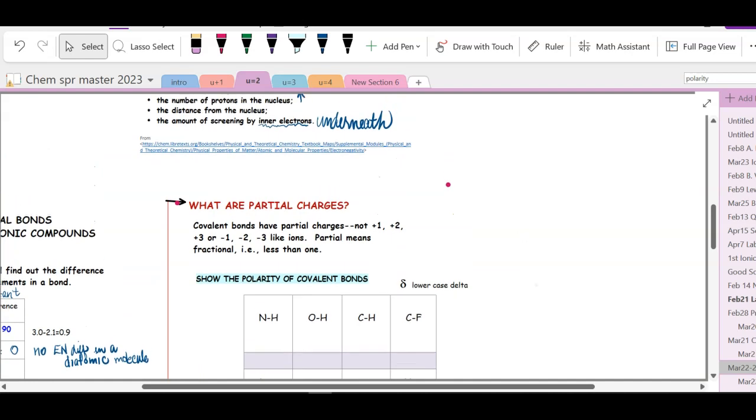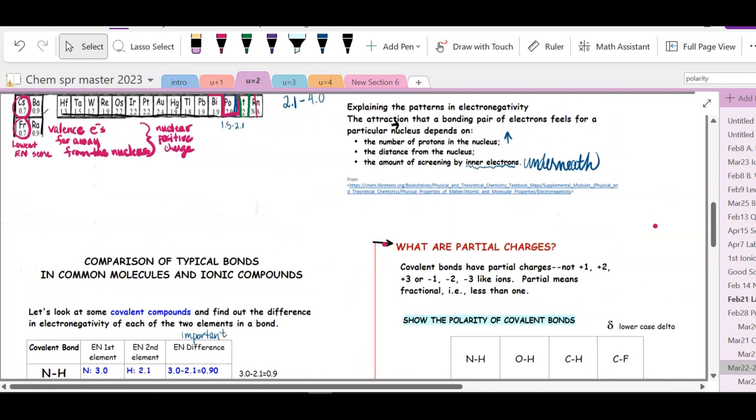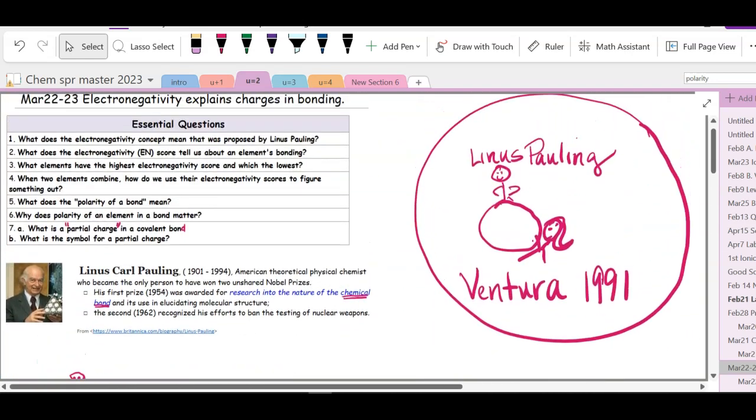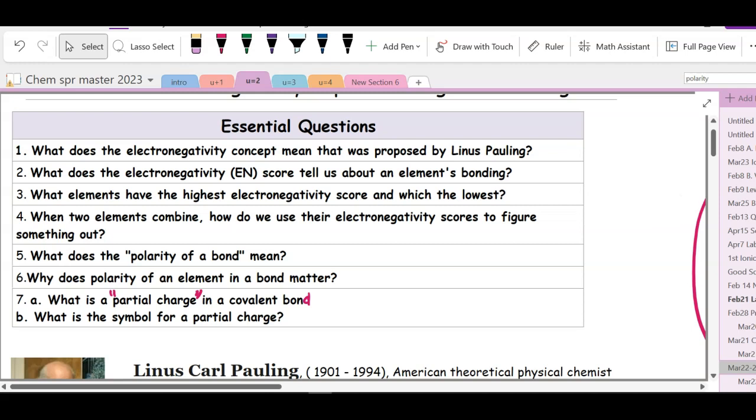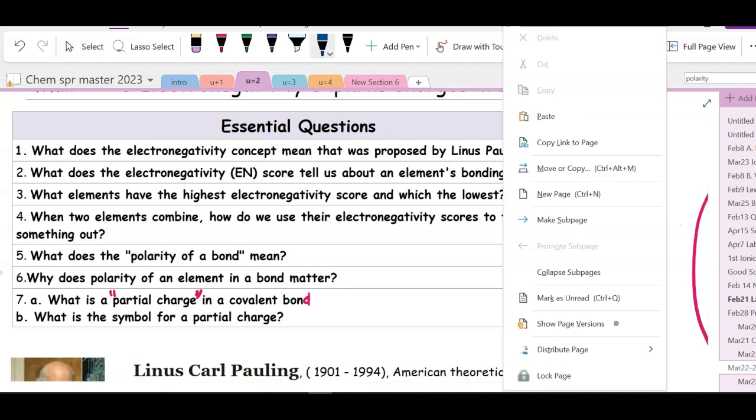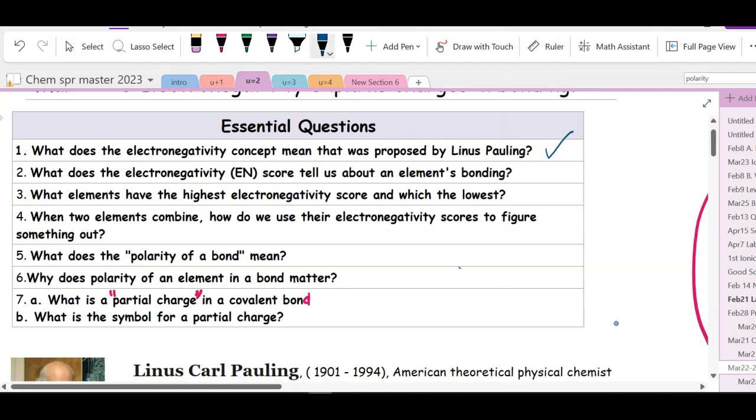All right, so if we go over here to these questions, let's just see what we did so far. What does the electronegativity concept mean that was proposed by Linus Pauling? It means attraction to a pair of electrons. The stronger the attraction, the higher the electronegativity, right?